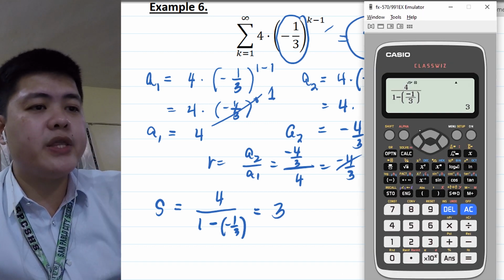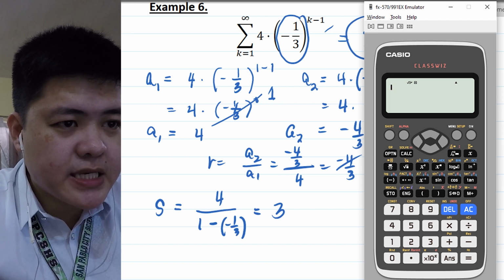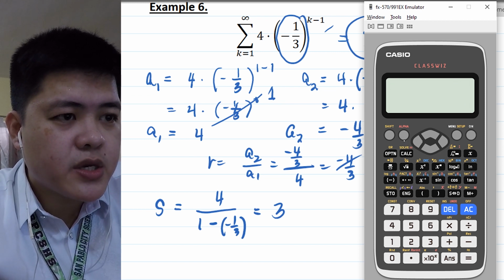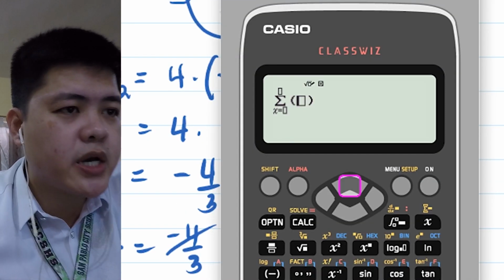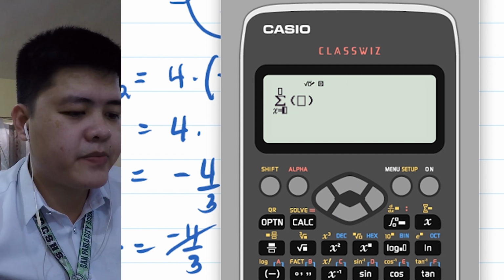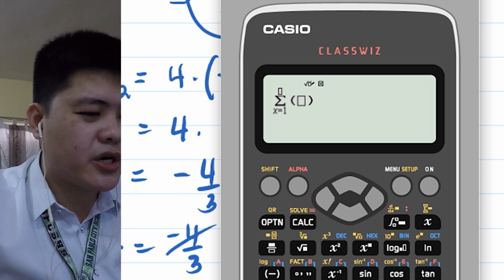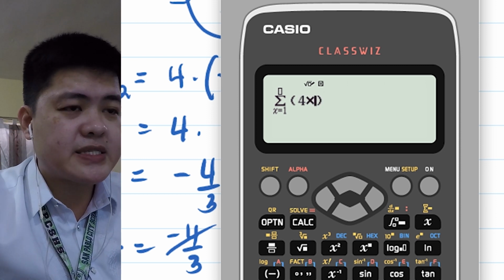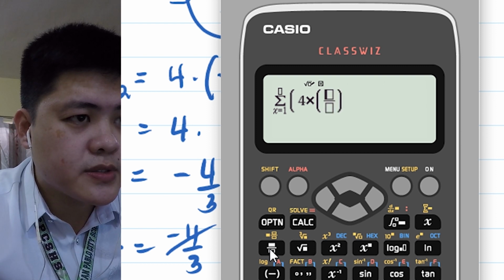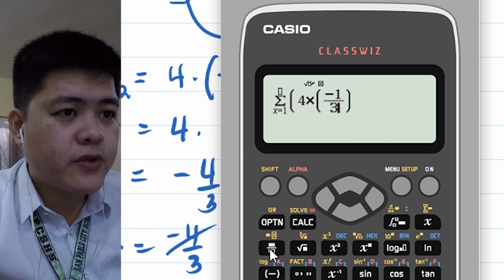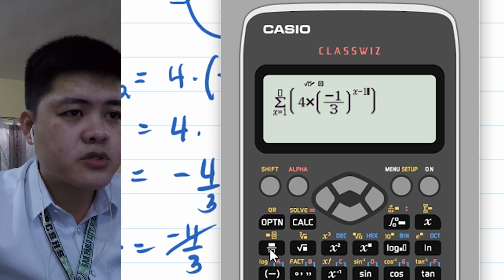Okay, yung calcu mo, meron yang what do you call this? Pang-evaluate na summation. See kung kaya natin gamitin yung summation nito. Shift, summation, yeah, that's one. Summation of, from x equals 1 up to infinity. Mamaya, tingnan natin kung anong pwedeng ilagay doon. 4 times negative 1/3, let's use fraction, negative 1/3, raised to x minus 1.